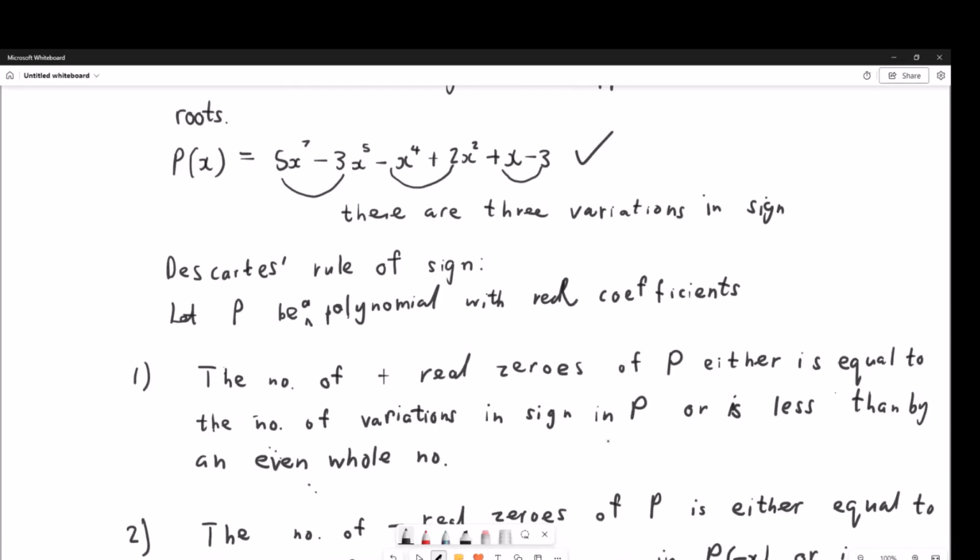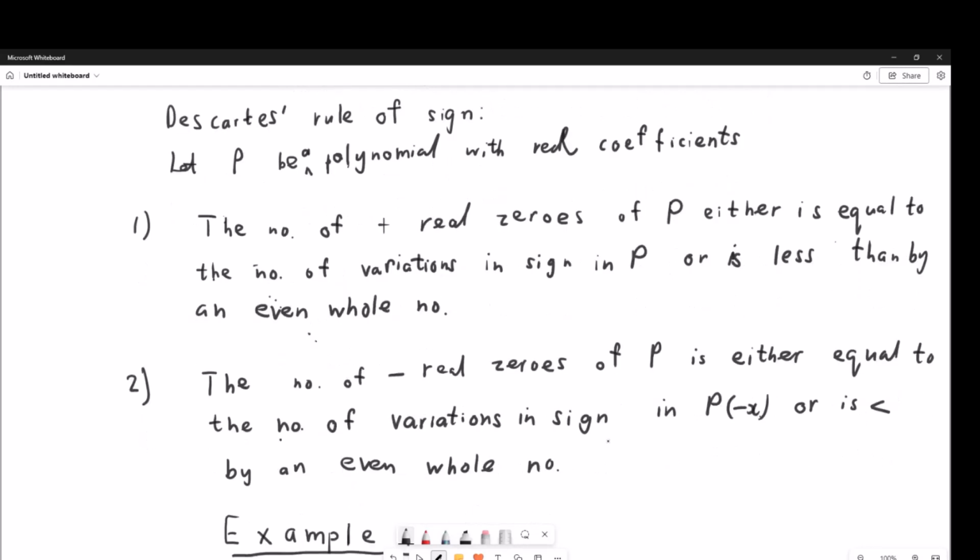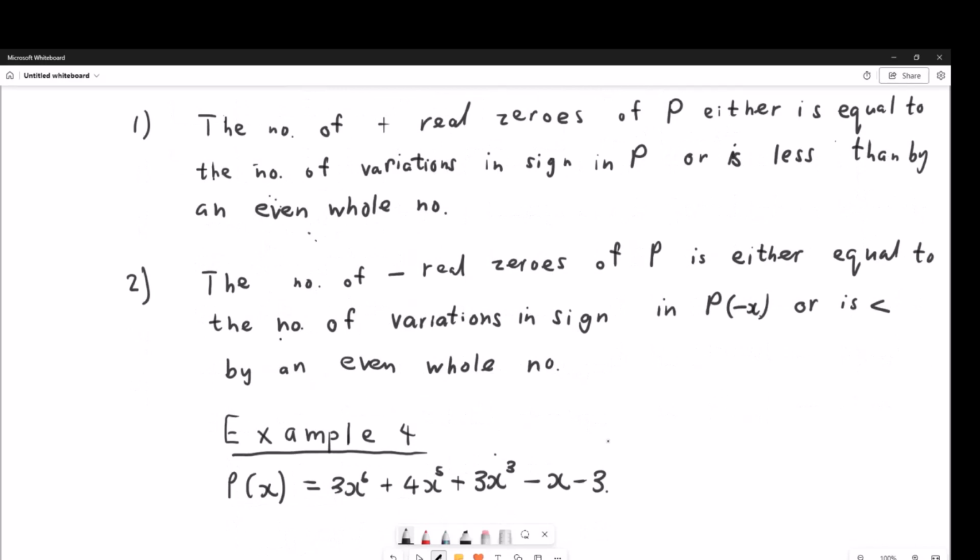So we had 3 variations in sign. So Descartes' rule speaks of that. If you want the number of positive real zeros of P, it's either equal to the number of variations in sign in P, or is less than that by an even whole number. So let's look at the first point there, and then compare it with what we have in front of us, right?